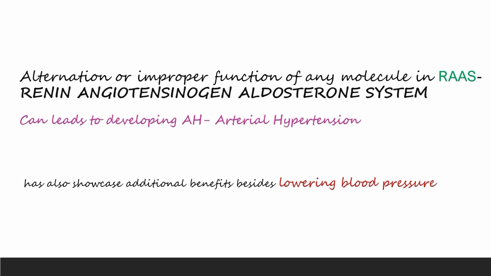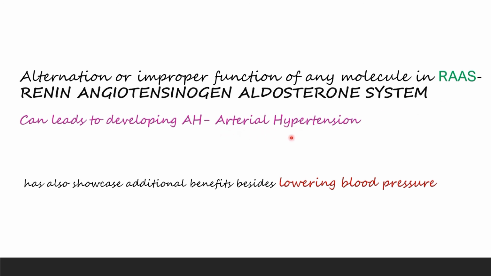But there are some cases of severe high blood pressure. This happens when molecules have a disturbance in function or alter their functions in the RAAS, the renin angiotensin aldosterone system, causing high blood pressure in the arteries, leading to arterial hypertension.